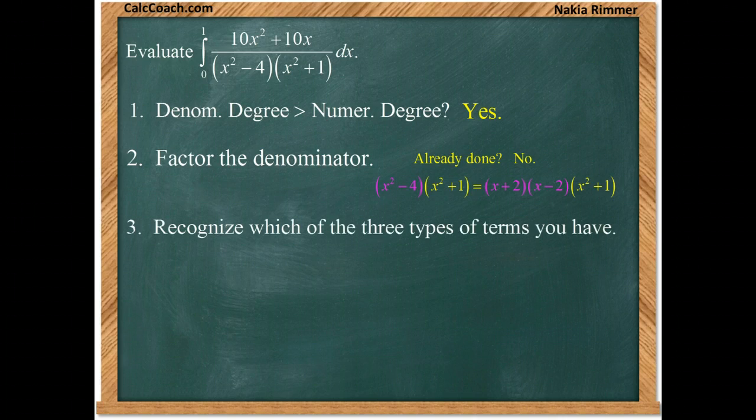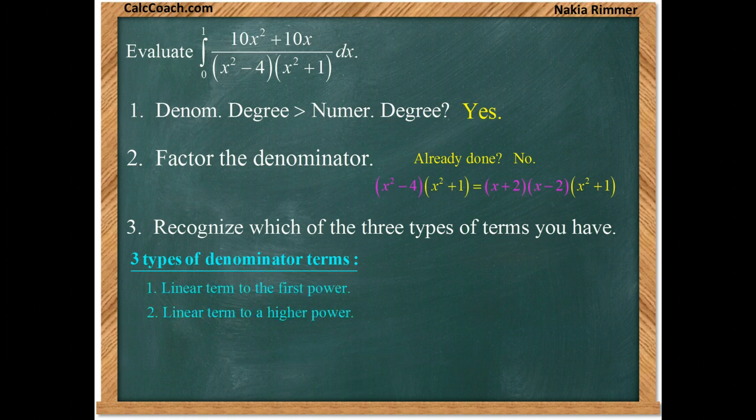It's very important that we recognize which of the three types of terms that we have. The three types are a linear term that's to the first power, a linear term that's to a higher power, and the third is an irreducible quadratic. So what are we looking at?